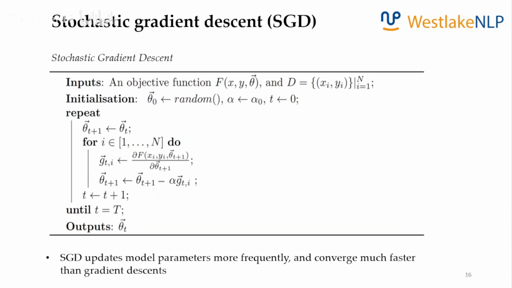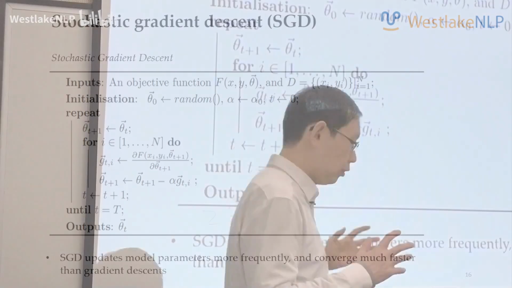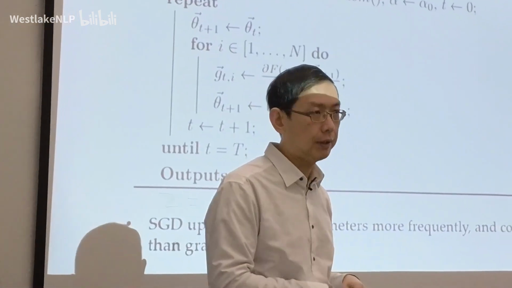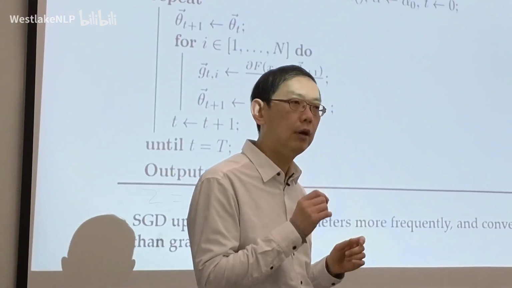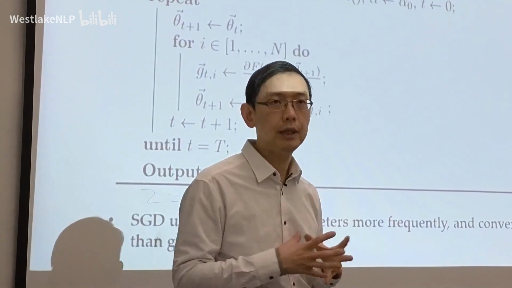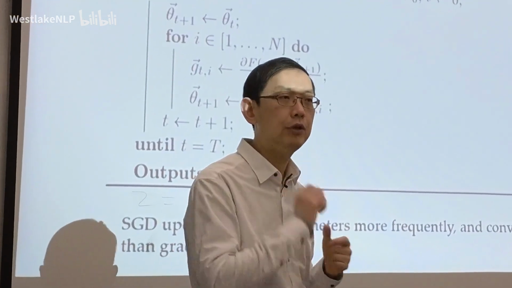What does it do? It doesn't go over the whole training set at each step, but only over one training instance at every step. We still randomly initialize the model parameter vector, and then we try to go down the slope in the steepest direction. But here, instead of making a decision over the whole training set, we make a decision after every training instance.